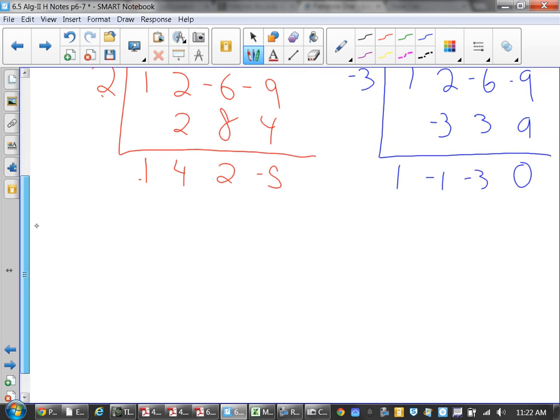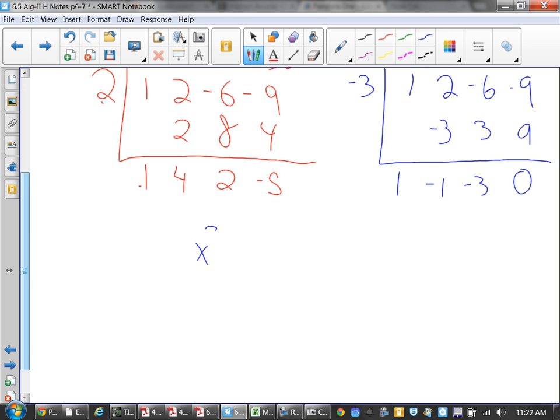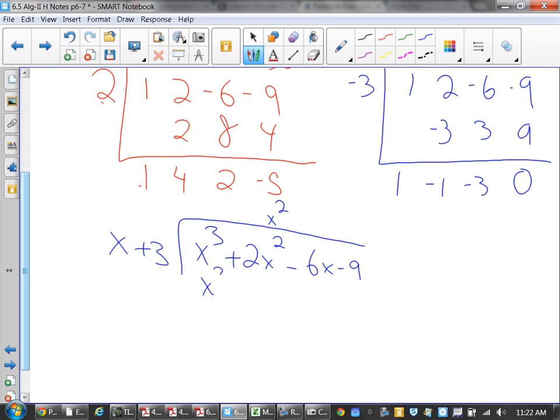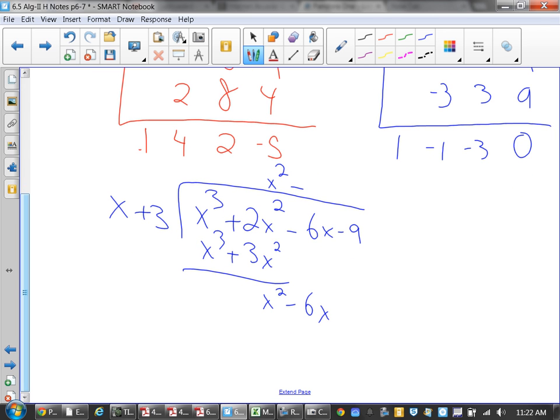Basically what you have done here is that you have now told me that when you take x cubed plus 2x squared minus 6x minus 9, and you divide it by x plus 3, you get x squared, oh, we're subtracting, sorry, that is negative.